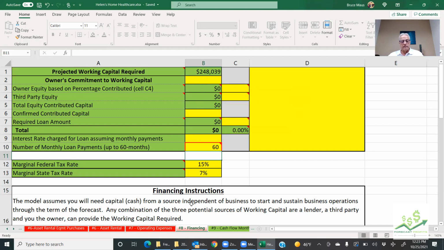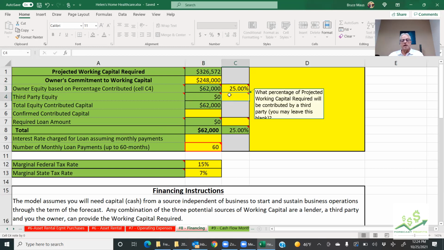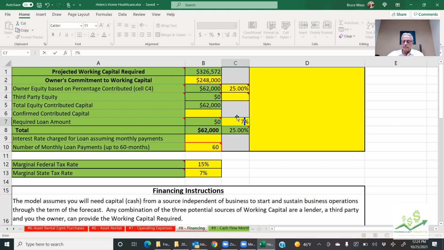Now, this is an iterative process that's explained in steps below here, but essentially what you do is go through and match these numbers. And in this case, Helen anticipates that she's going to put in 25% equity. She doesn't need a third-party investor, but she's going to borrow 75% of those costs.